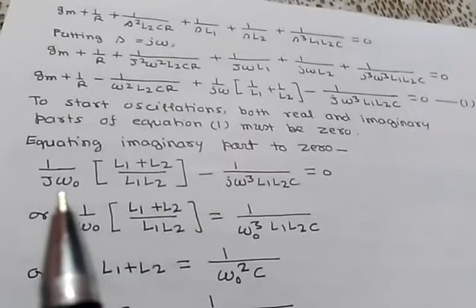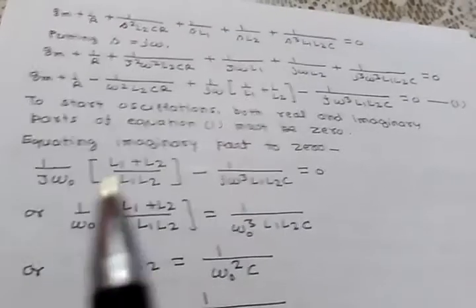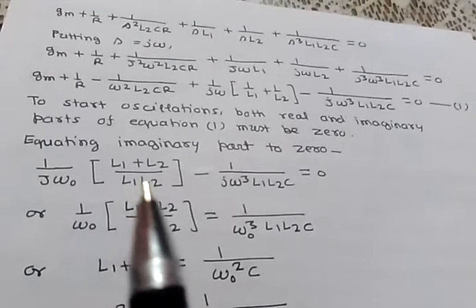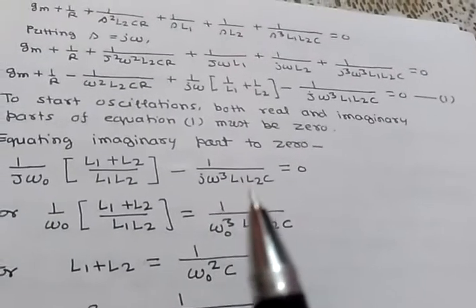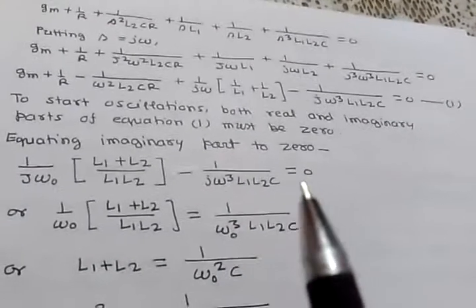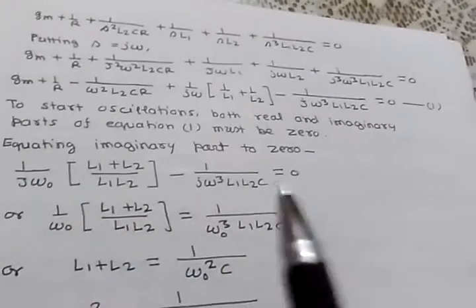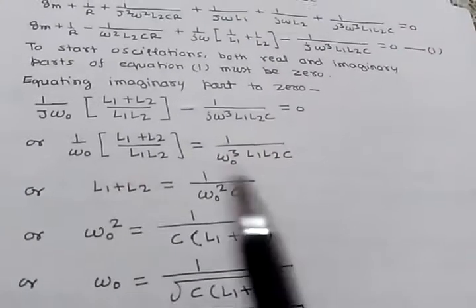So write here 1 upon j omega (L1 plus L2 upon L1 L2) minus 1 upon j omega cube L1 L2 C equals 0. This is the imaginary part of this equation. Now simplify this equation.